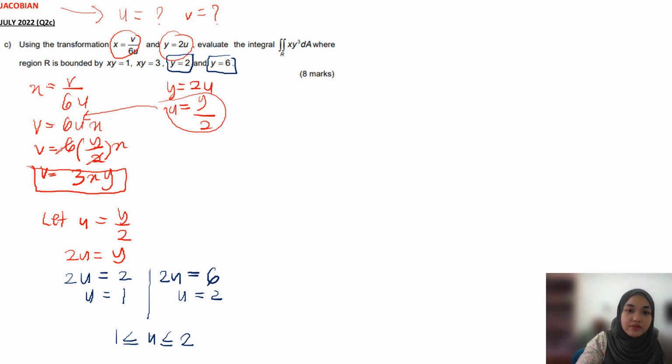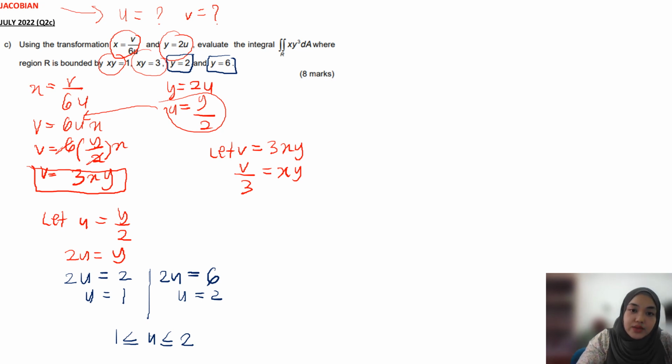Next, we continue to find v. Let v equal 3xy, so v over 3 equals xy.